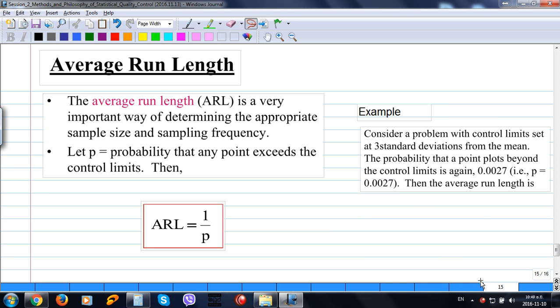The next one is the average run length. The average run length gives the number of samples that should plot in control before one falls outside the control limits.